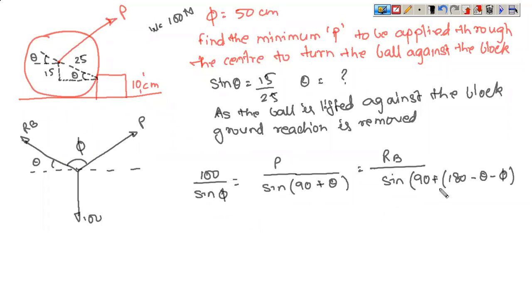Okay, so this is your complete equation. Now this part is not required because you want minimum P. So to solve for minimum P, this is enough.